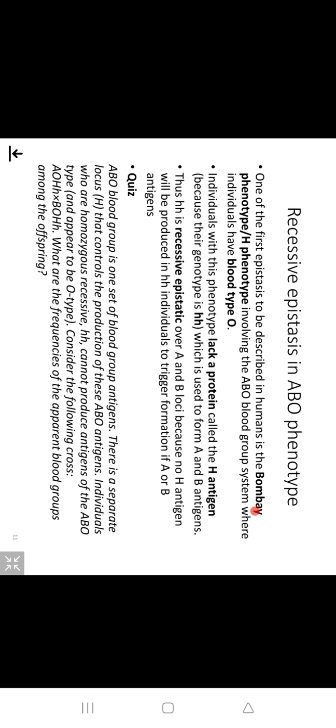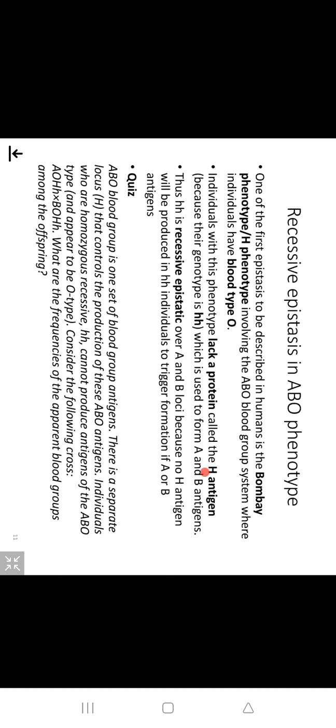Now in the H phenotype people, the Bombay phenotype, these individuals lack the protein called H antigen because their genotype is hh, a recessive homozygous state. So when that other locus is in a recessive homozygous state, they cannot produce what? H antigen.